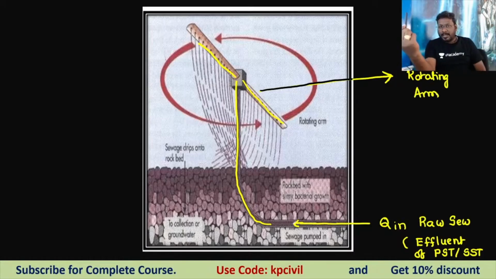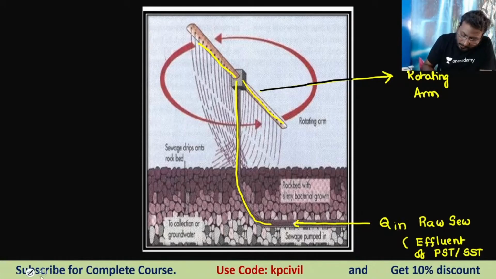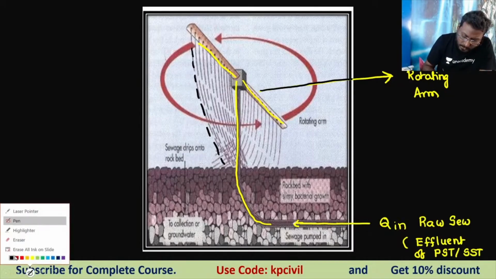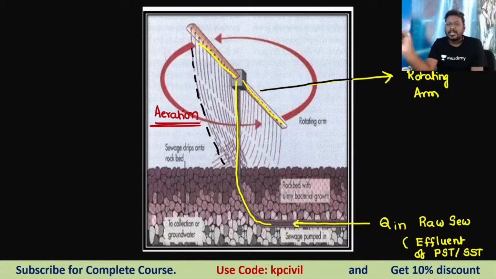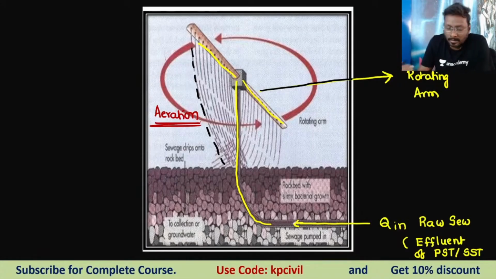In sprinkler irrigation, it is rotating continuously. So sewage falls down. Understand? Sewage is falling here. During the journey, aeration happens.